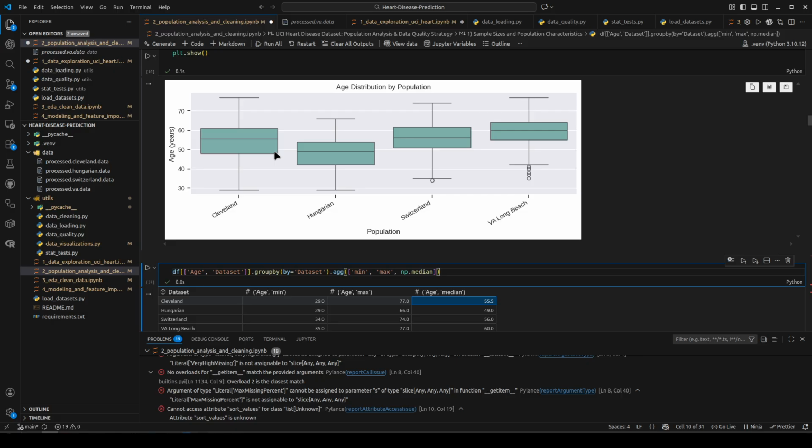Now the interquartile range is essentially the middle 50% of your data, and it's where you would expect half of your values to fall into, and essentially the most average values, you could say. So the 25th percentile to the 75th percentile is the interquartile range. The median is the middle of that.